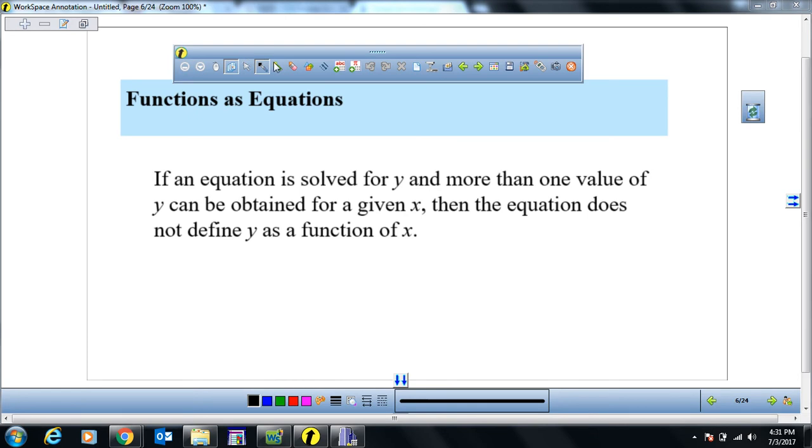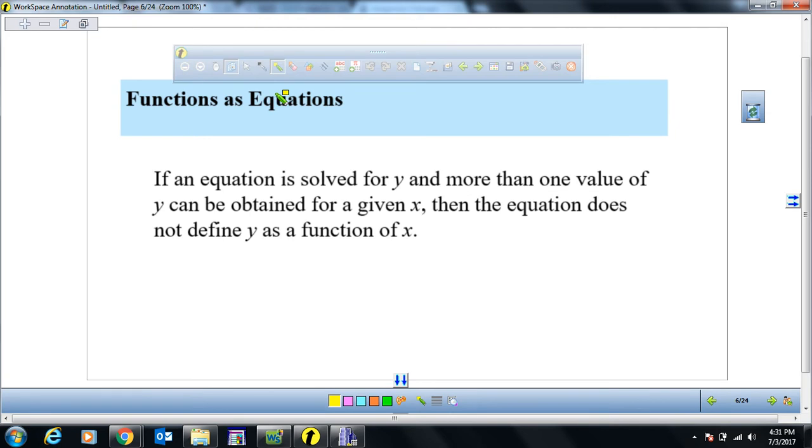Once again, this is telling you that you need to solve an equation for y, and then you need to create a table for different values of x to determine if any value of x has more than one y. That way we can determine if it's not a function. If every value of x gives me only one y when I create a little table, then that means that the given equation represents a function. Otherwise, it's not.